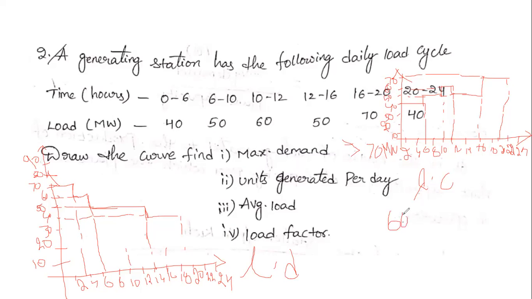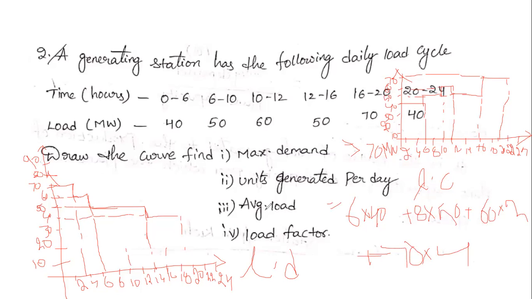Number of units generated equals 6 into 40, plus 8 into 50, plus 2 into 60, plus 4 into 70. Okay, this is the number of units generated per day.